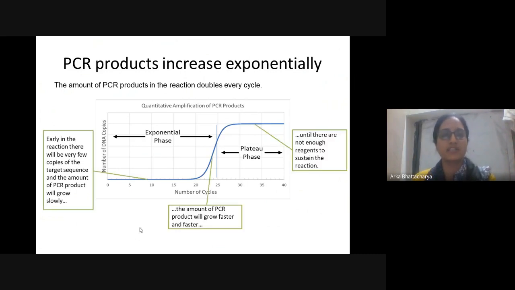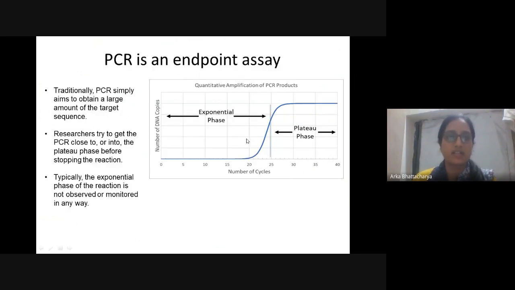Early in the reaction, in the exponential phase, there will be very few copies of the target sequence, and the amount of PCR product will grow slowly. Now in the plateau phase, the amount of PCR products will grow faster and faster until there are not enough reagents to sustain the reaction.